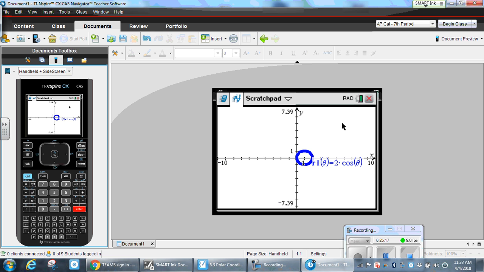And there we have it. So if we were to look at the equation in rectangular form, it was x minus 1 squared plus y squared equals 1. So this was our circle with the center at 1, 0, which is here, and then with a radius of 1.